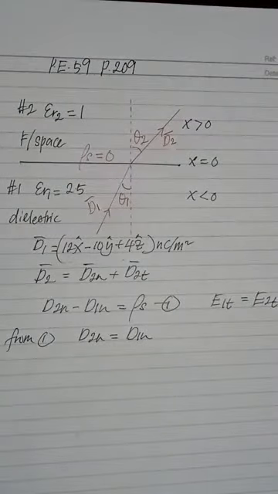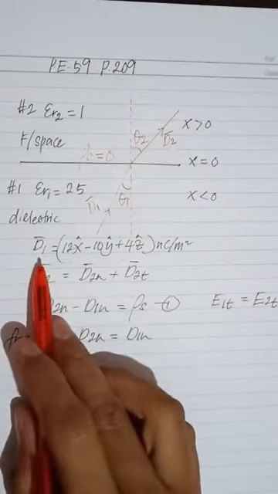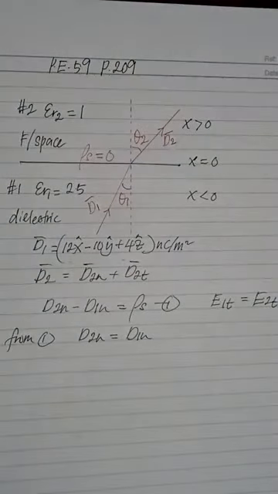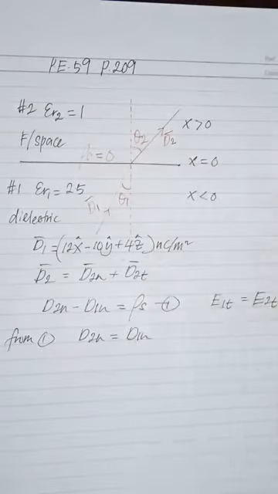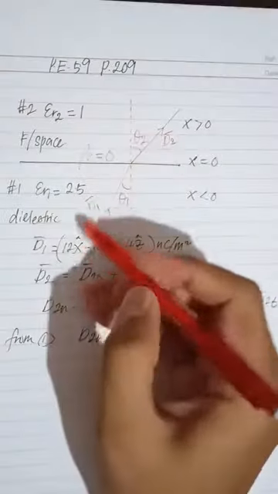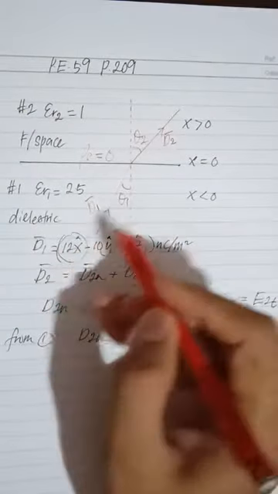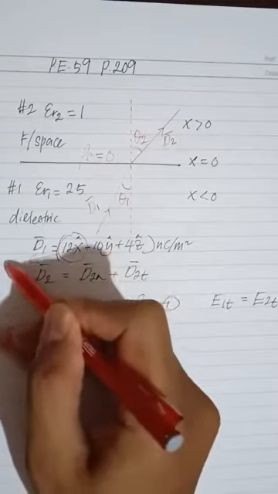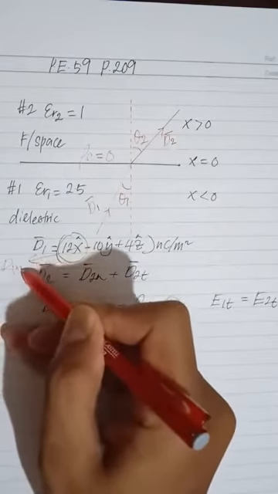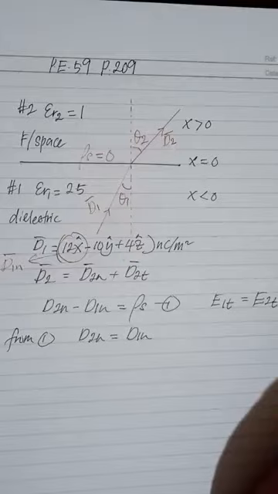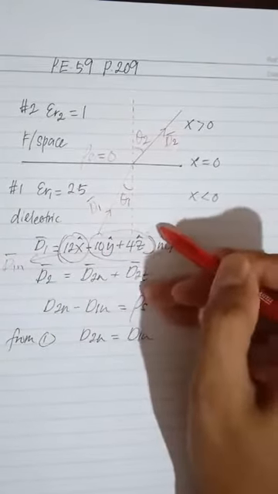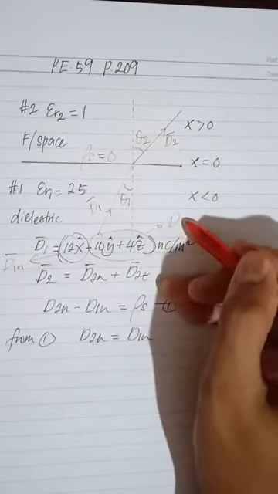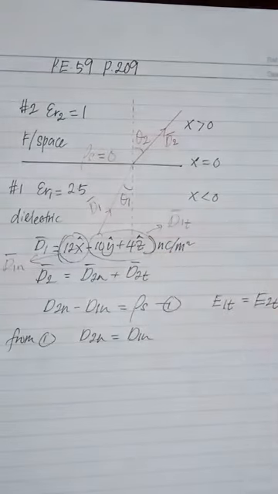So if you see from the D1 equation here, since our interface or boundary is located exactly at x equal to 0, automatically we know that the first component here belongs to the D1 normal component, and the rest of it belongs to the D1 tangential component.